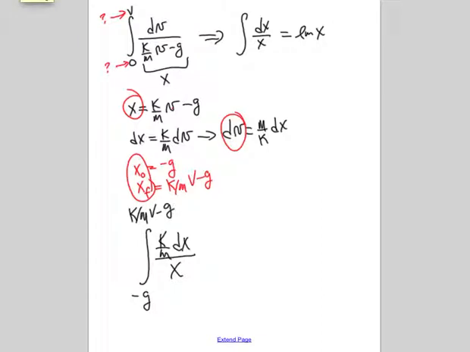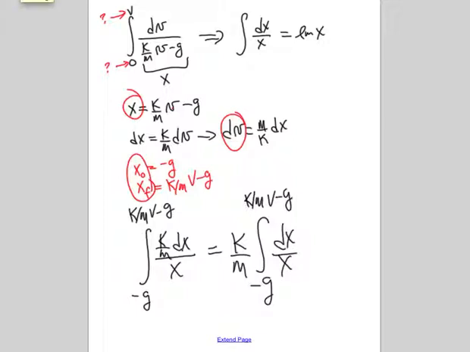Now notice, now all the complications which used to be in the integrand are now in the limits. So my integral actually is fairly simple. Let me write the constants out first. It's m over k times the integral from minus g to k over m v minus g. That's where all the complications are, of simply dx over x.